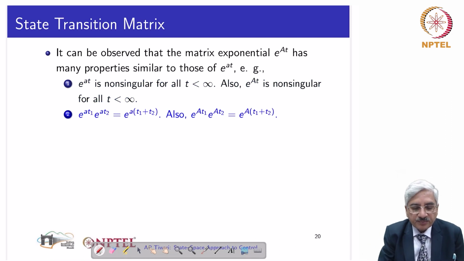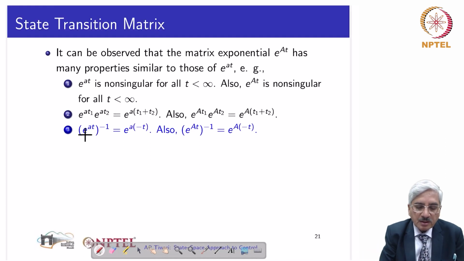Another property is that the product of two scalar exponentials e power a t1 into e power a t2 is e power a (t1 plus t2). Similar is with this, e power A t1 into e power A t2 gives e power A (t1 plus t2).